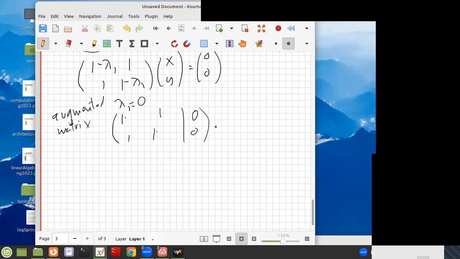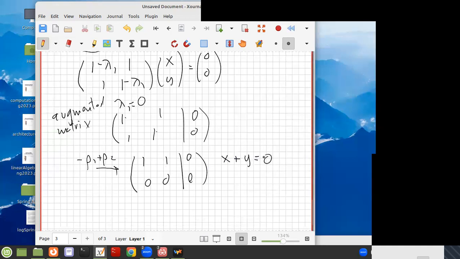Well, we can do minus row 1 plus row 2 to bring it to echelon form. If I translate this back to an equation, this is just x plus y equals 0. As a result, the leading variable x has to equal minus y.